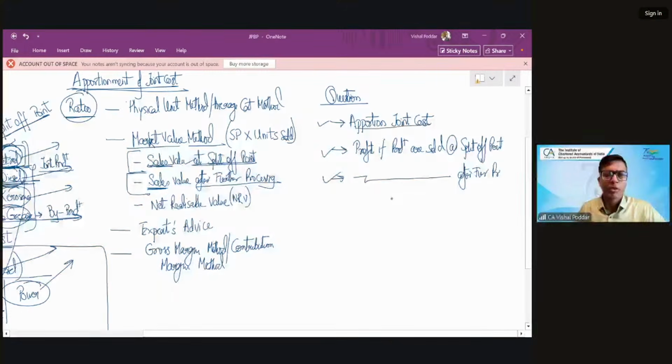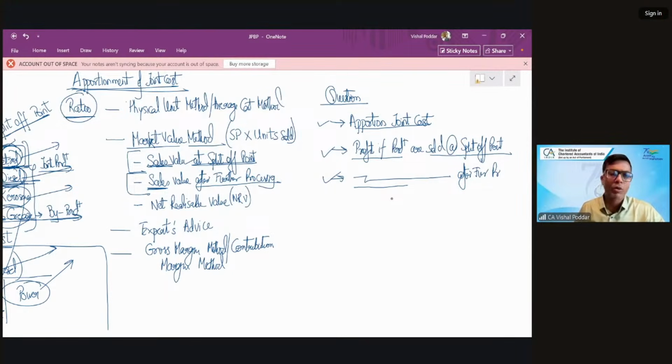First, you have to divide the joint cost using one of these ratios. Second, using this divided joint cost, after division you'll know the cost of petrol separately, diesel separately. Then find out profit if you are selling the product immediately. Immediately means as you get the product at split off, that is in process 3, you sell it.